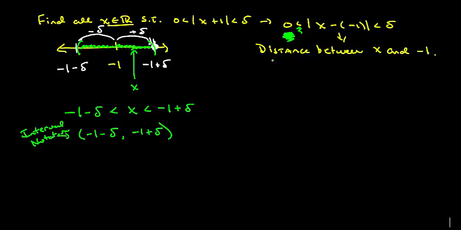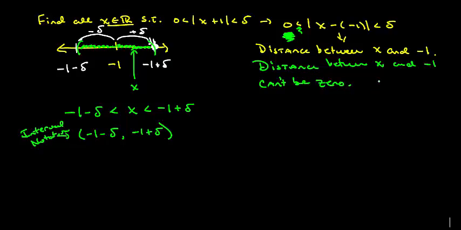So what we're saying is the distance between x and -1 can't be 0. Well, what does that really mean? That really means that x cannot be equal to -1. So that's another restriction here that we don't have. So we have to add that in there.